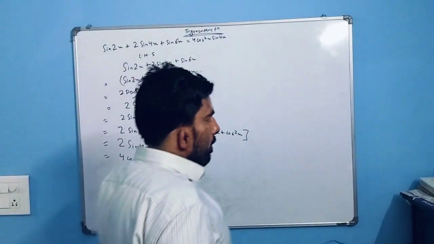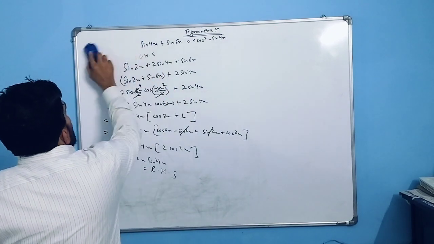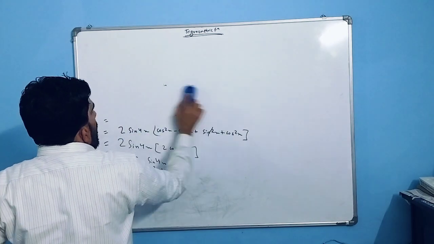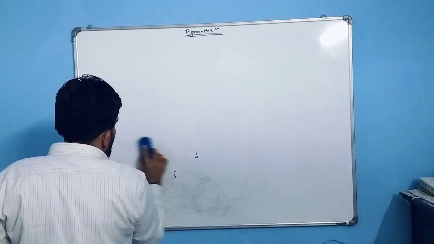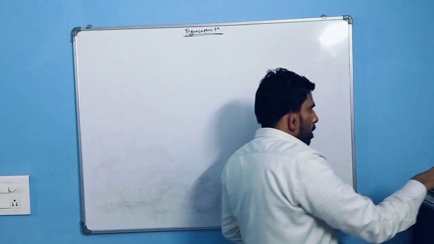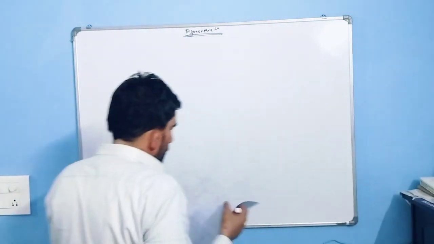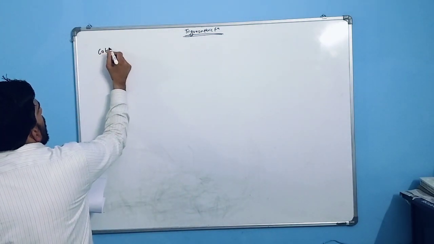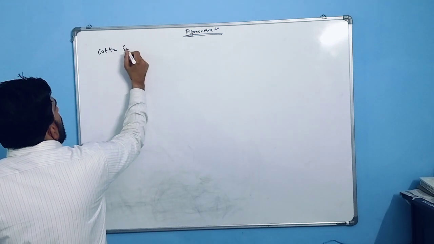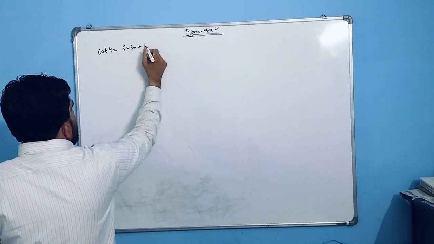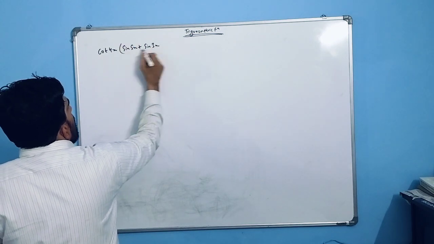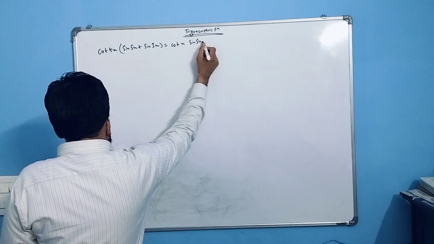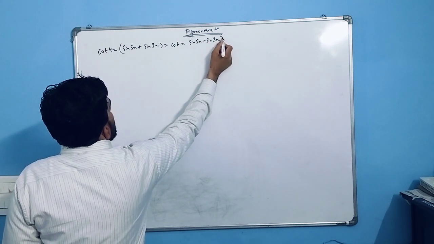Now let us solve the next numerical regarding this. Now the next numerical we have, what we need to prove is cot 4x (sin 5x plus sin 3x) is equal to cot x (sin 5x minus sin 3x).